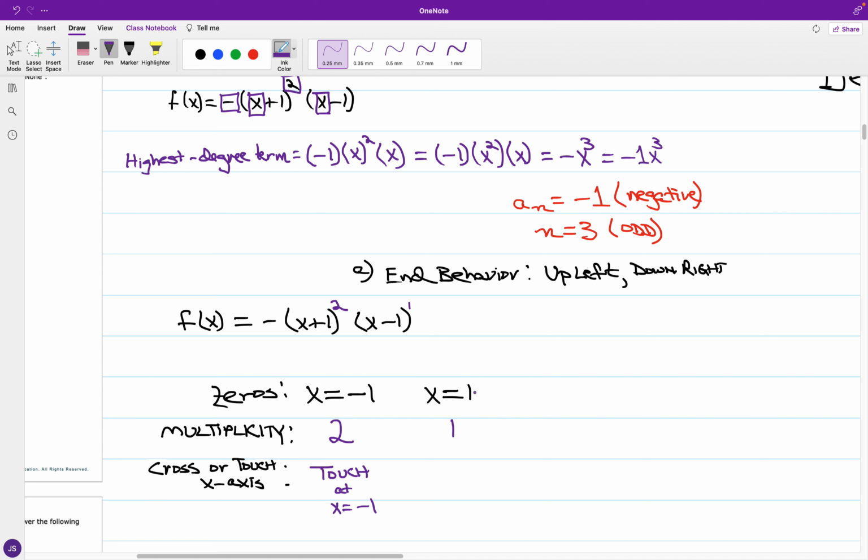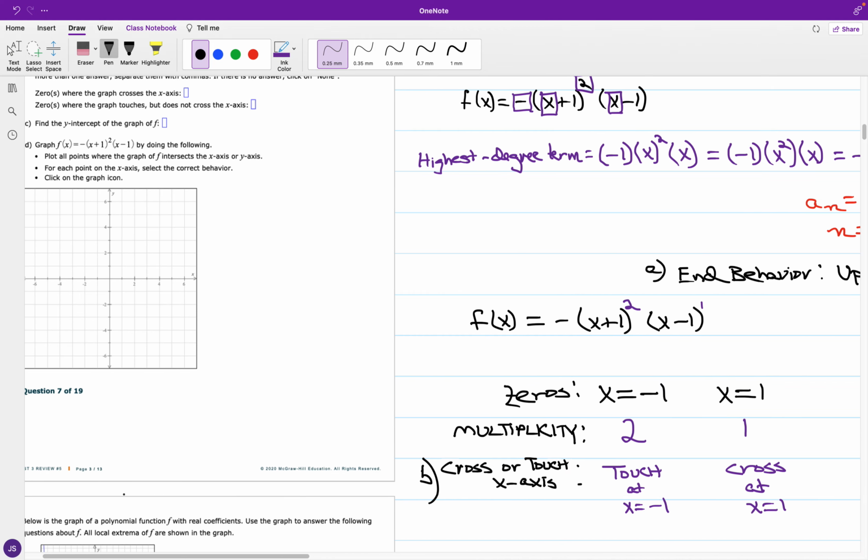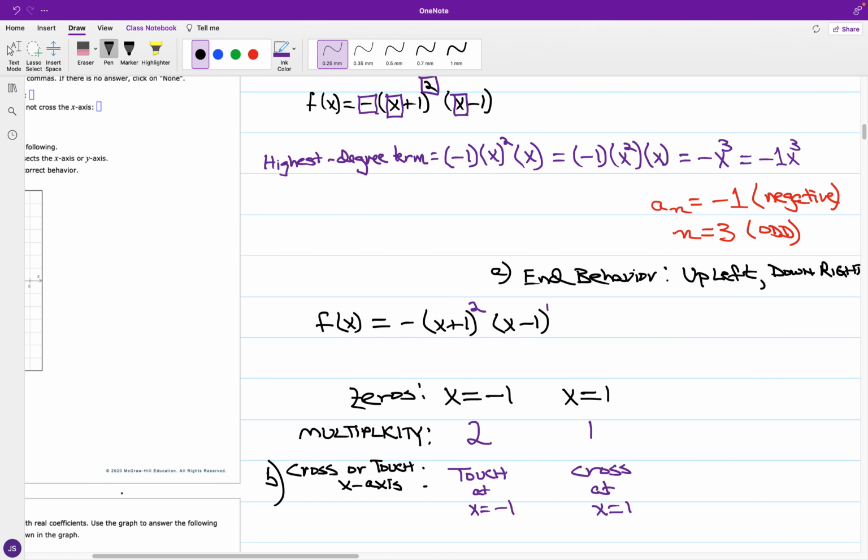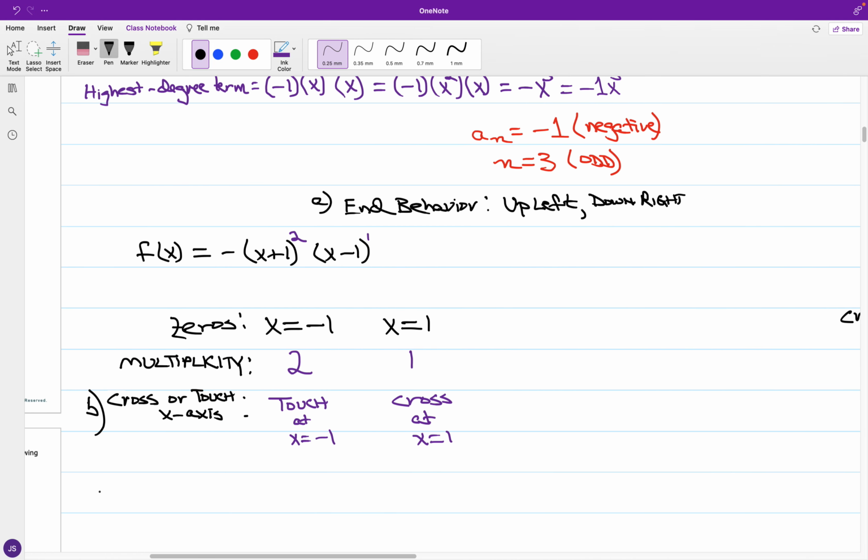And since 1 has an odd multiplicity value, this is going to cross at x equal to 1. So that'll be your part B portion. And part C is just going to be finding the y-intercept.